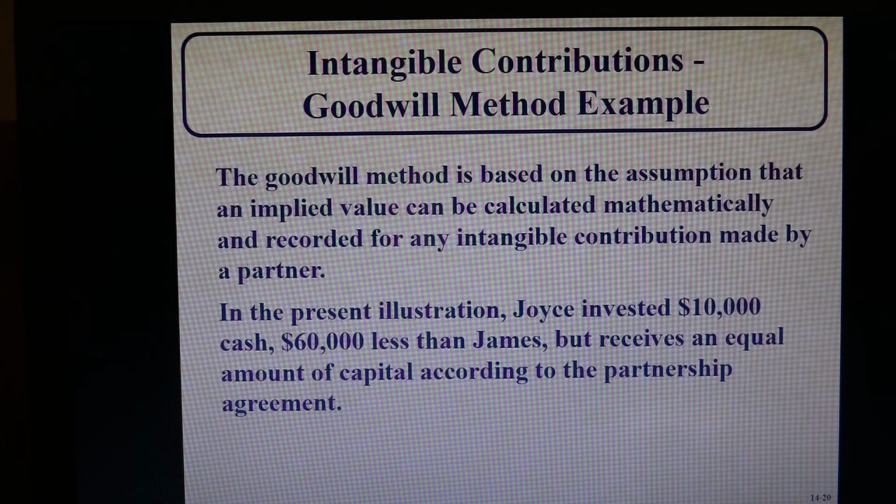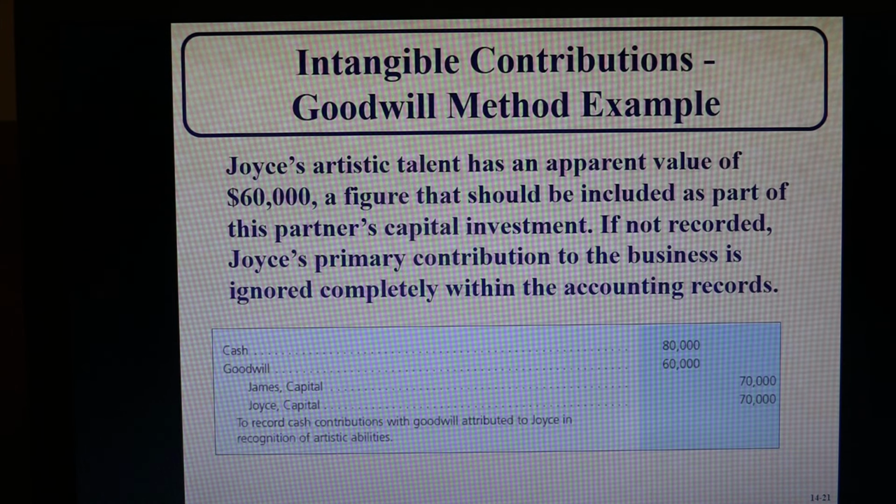Now we could do this the goodwill method way. This is based on the assumption that an implied value can be calculated mathematically and recorded for any intangible contribution made by a partner. In the present illustration, Joyce invested 10, 60 less than James, but receives an equal amount of capital according to the partnership agreement.